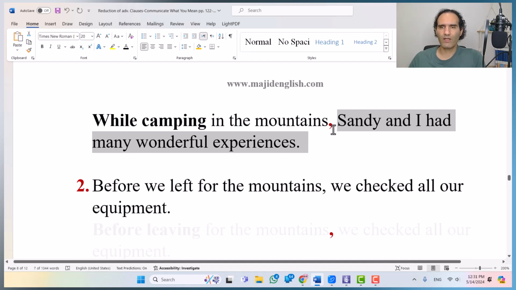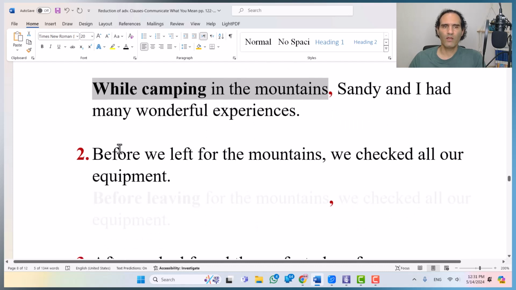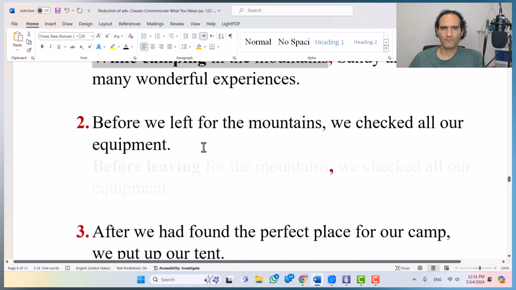Why do we have a comma here? Because your subordinated clause starts with a dependent clause. If you start with an independent clause, comma is not needed. Here we have some examples like that. But when you start with an adverb clause, you do need a comma in between. Like this number 2 as well.